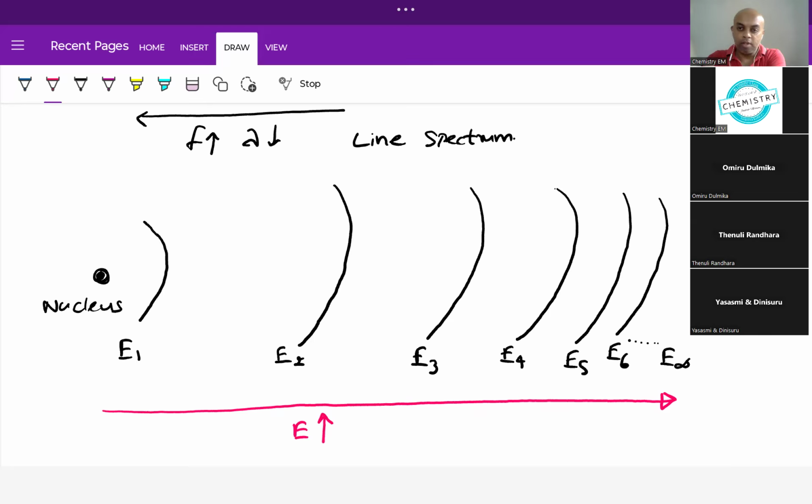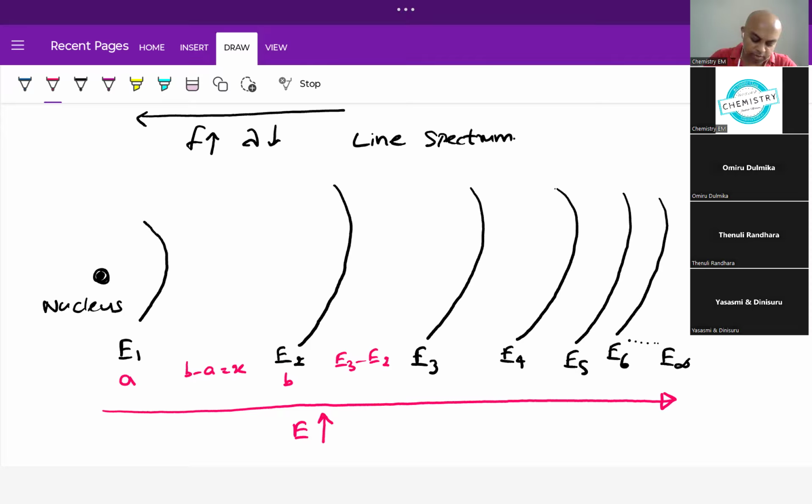Let's say the energy difference between E1 and E2 is X. Each level has an energy. Let's say this is A, this is B. B minus A, of course, B is greater than A. Then we can perform a formula called B minus A. Let's say this is X. So this is E3 minus E2.